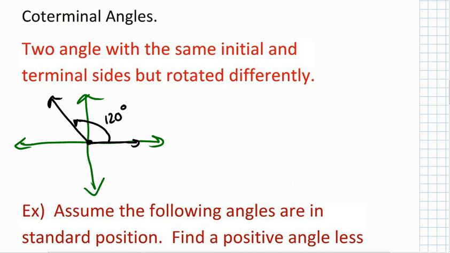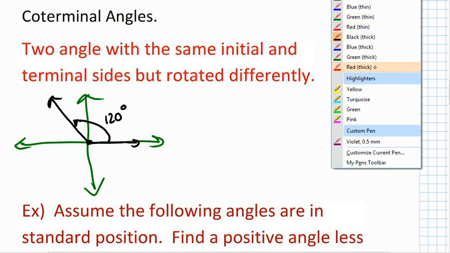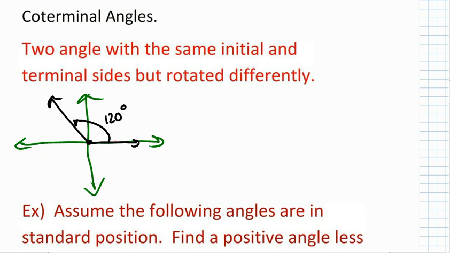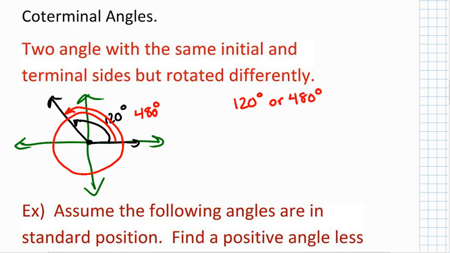All right, but I could also say that that angle is 360 plus 120. That angle is also 480 degrees. They are coterminal because they are rotated differently, but notice the picture is exactly the same. So that is the concept of coterminal.